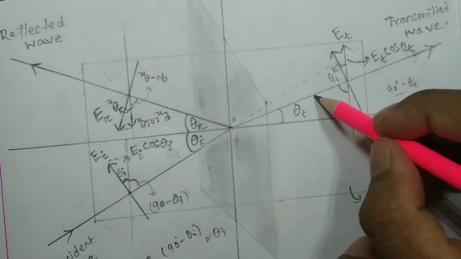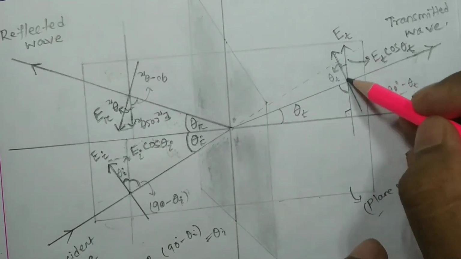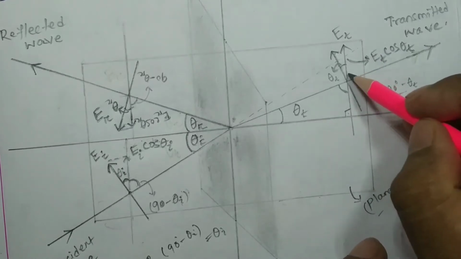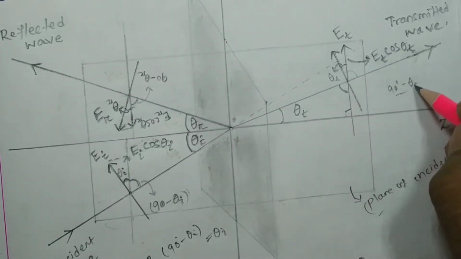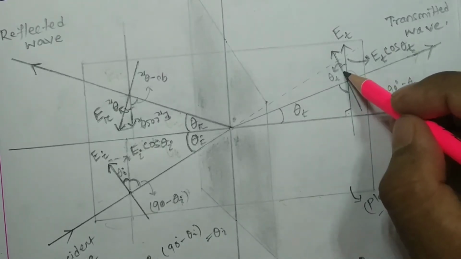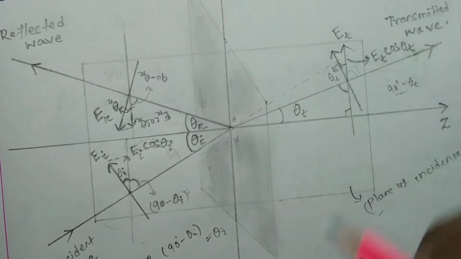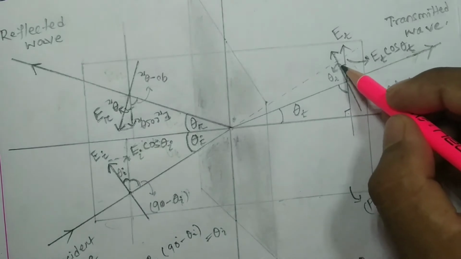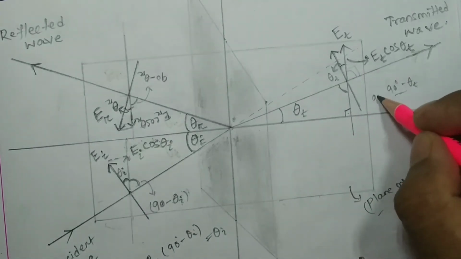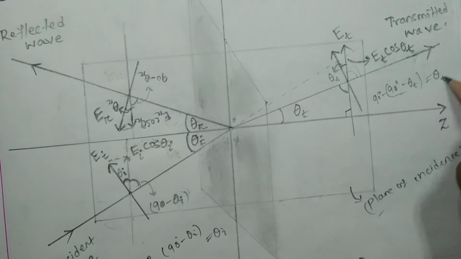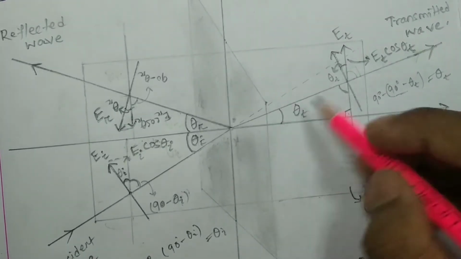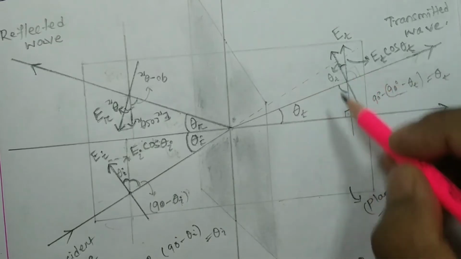See, this line and this line cross at this point, so this angle will also be 90 minus theta t, but this whole angle is 90 degrees. So 90 minus theta t will be equal to theta t. So if this angle is theta t, obviously this angle will also be theta t.